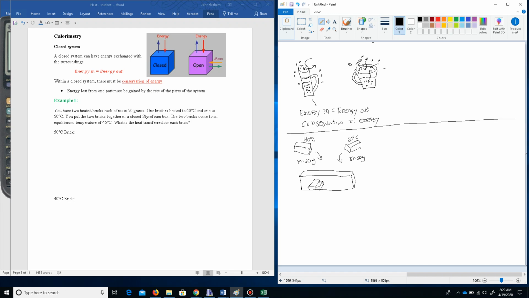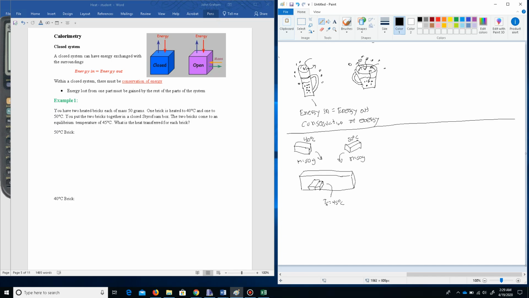Because styrofoam is an insulator, the 2 bricks come to an equilibrium temperature of 45 degrees. So T final equals 45 degrees Celsius.